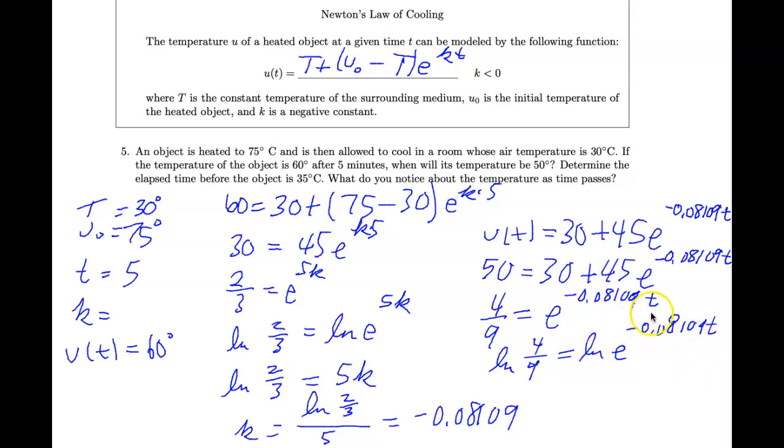We can divide by this k and that allows us to get t. So t will equal natural log of 4/9 divided by negative 0.08109, which is approximately 10 minutes.